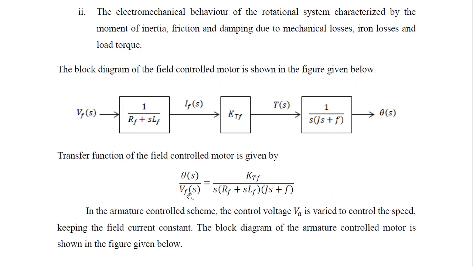Input is Vf, the voltage applied to the field winding, which is varied, so that the field current varies with respect to that. In that condition your transfer function is KTF divided by this equation.